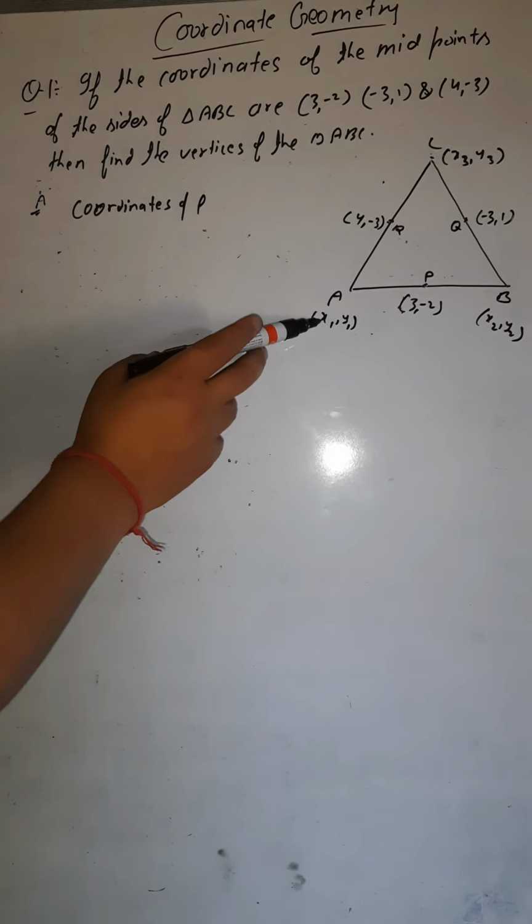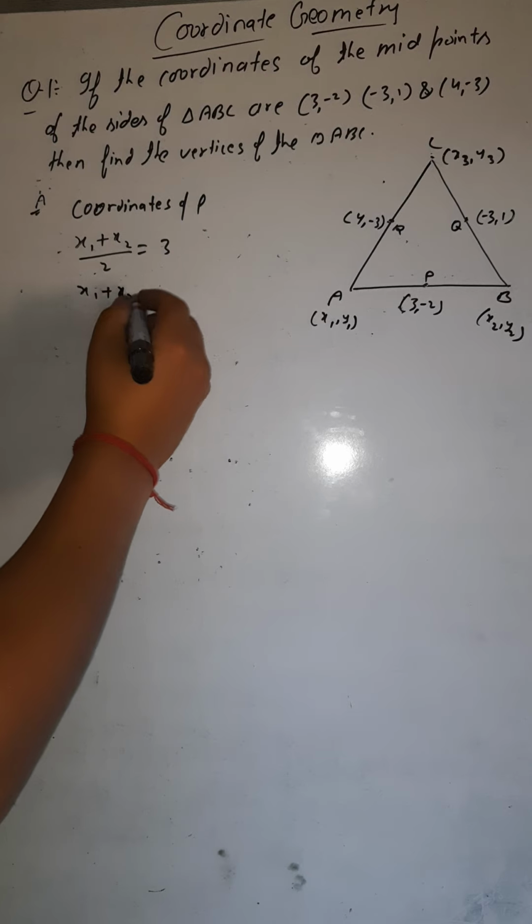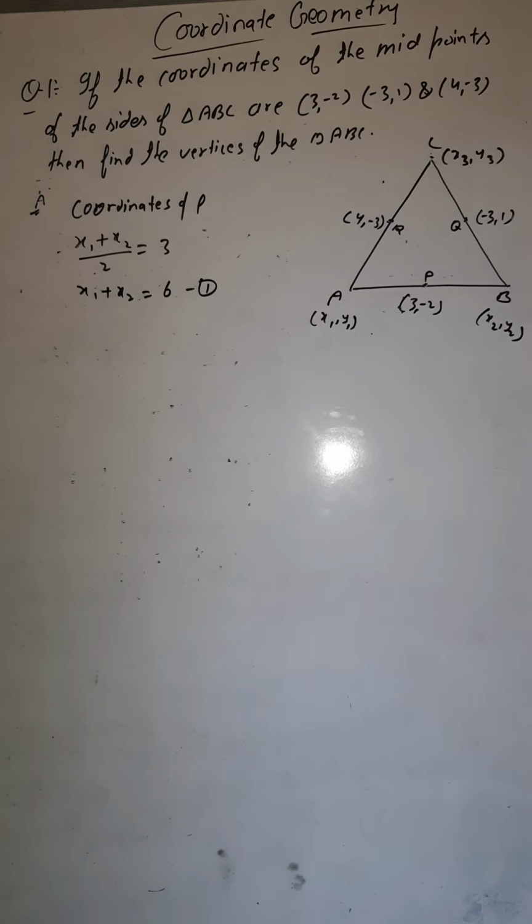That means (x1 plus x2) by 2 would be equal to 3. This is the first coordinate. So I can write it as x1 plus x2 is equal to 6, and this would be equation number 1.